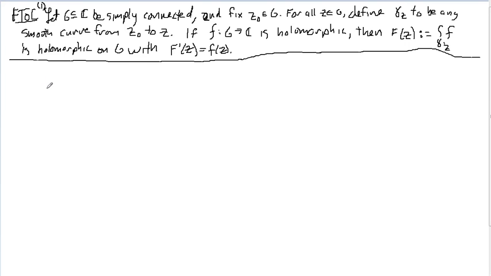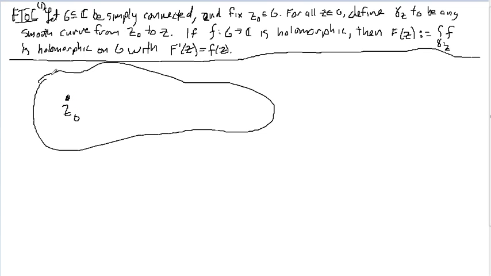The reason why there's a question is because if you look at, maybe here's your point z naught, and here's your point z, say, in a simply connected region, if you want to figure out the value of big F of z, you have different options.